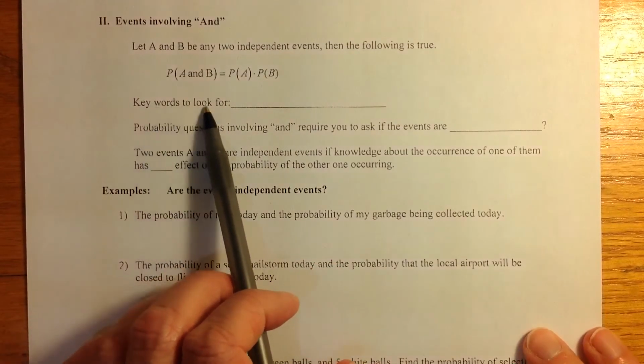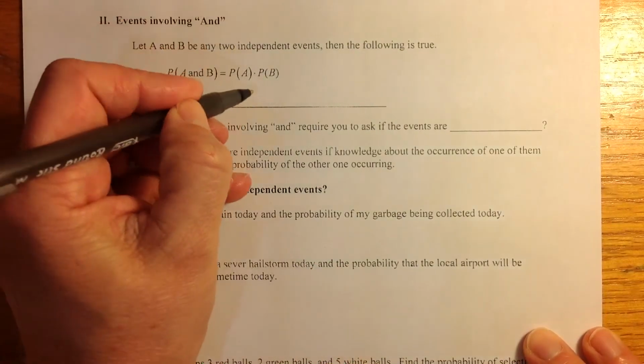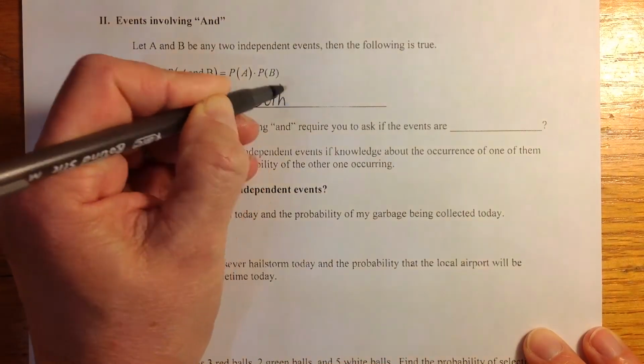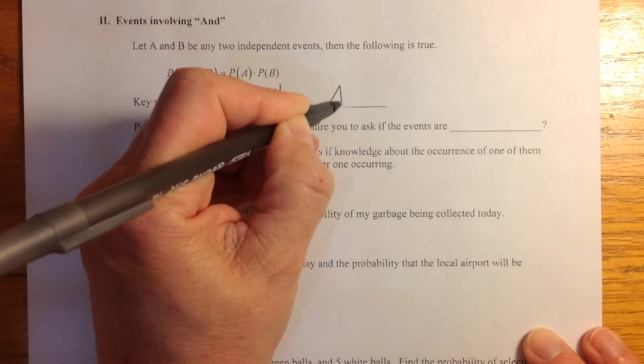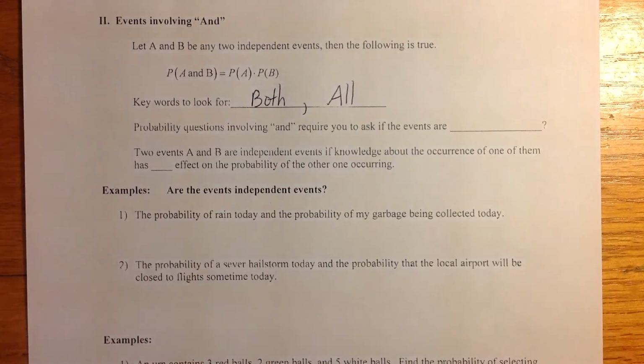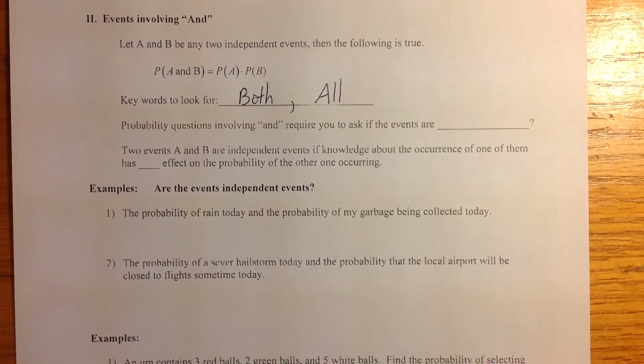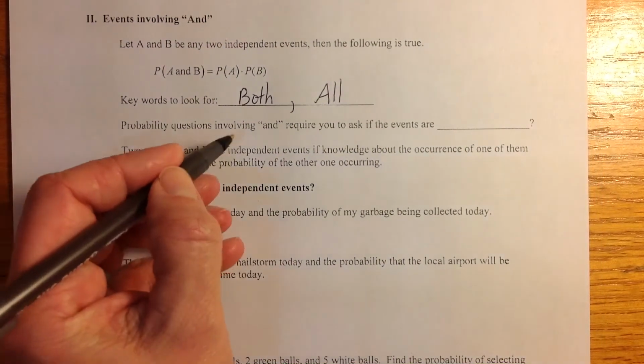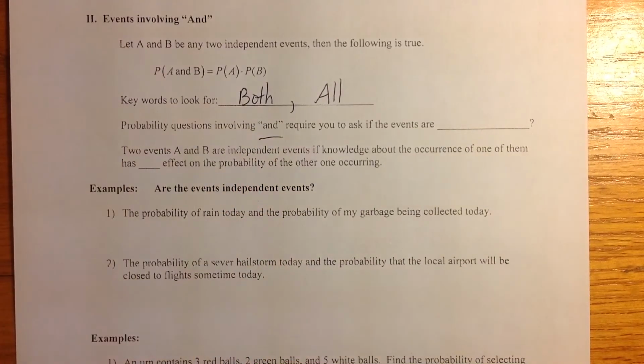First, key words to look for are this idea of both or the idea of all. Probability questions involving and require you to ask if the events are independent.